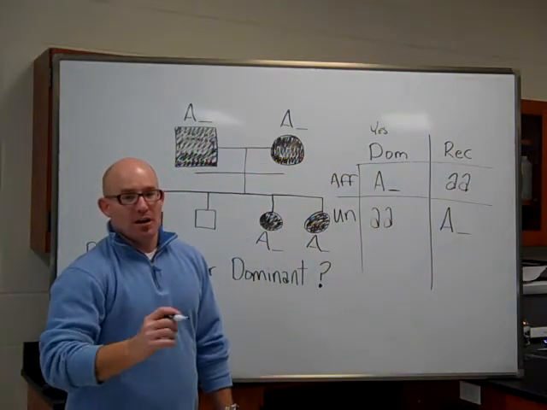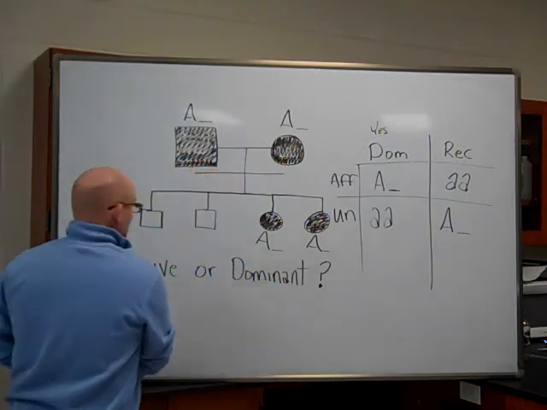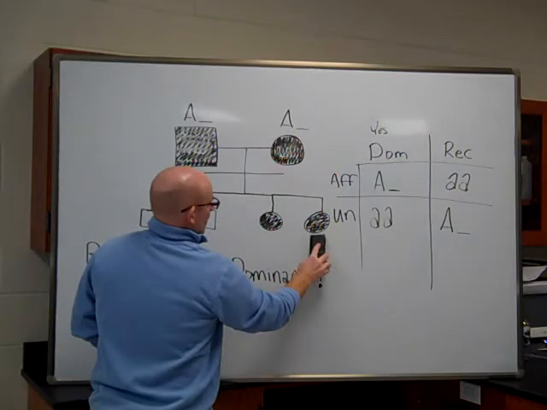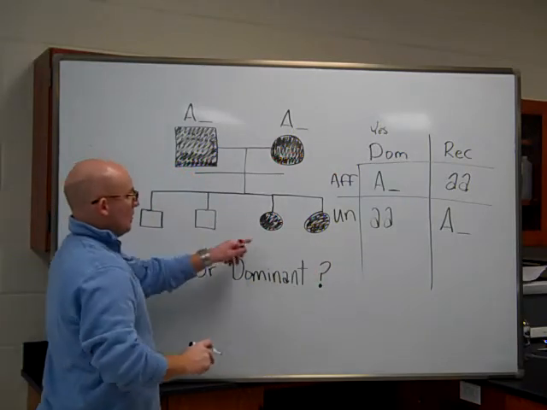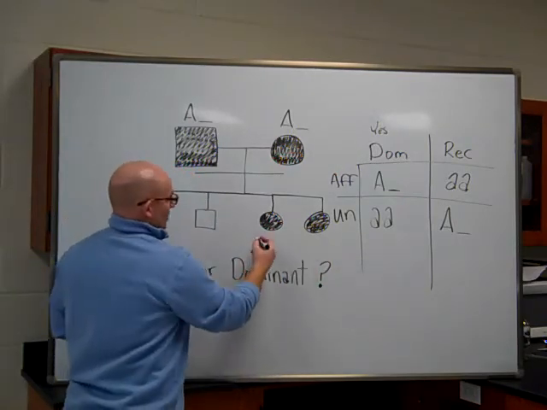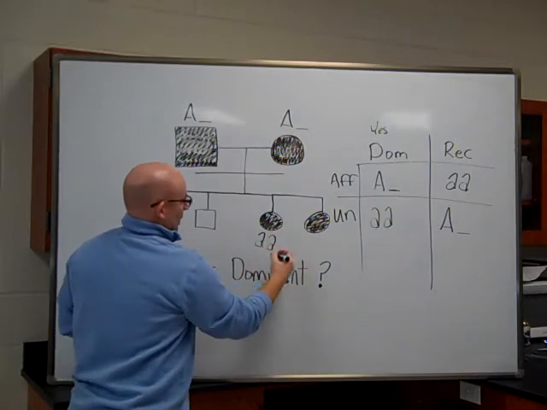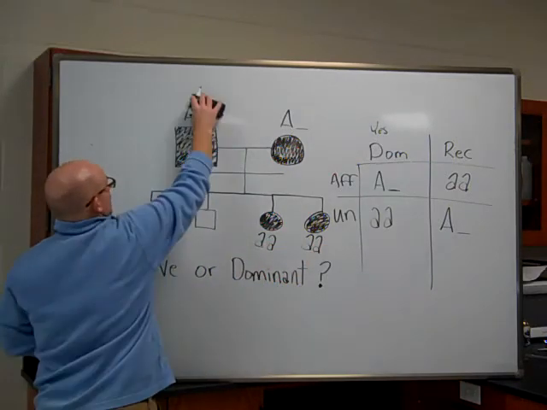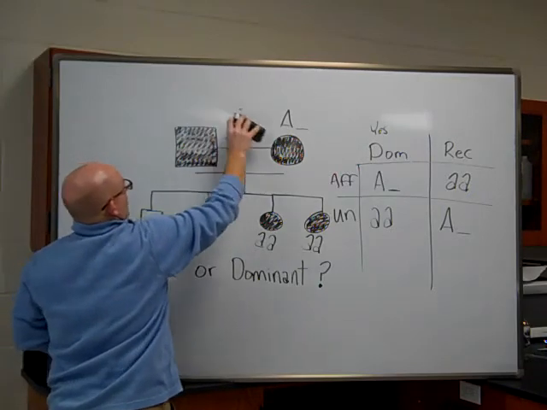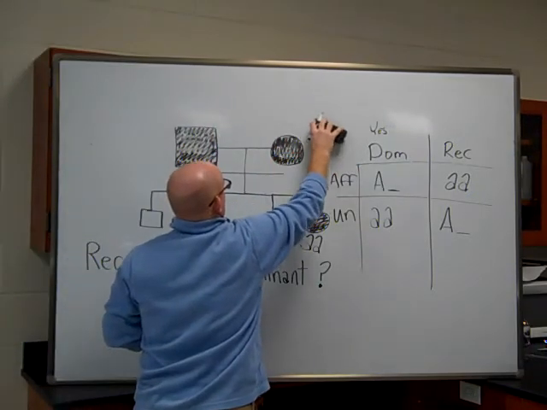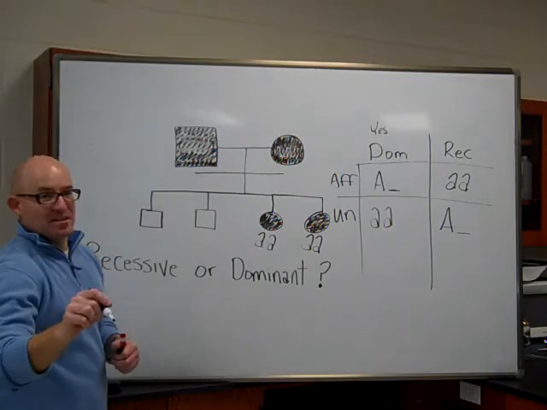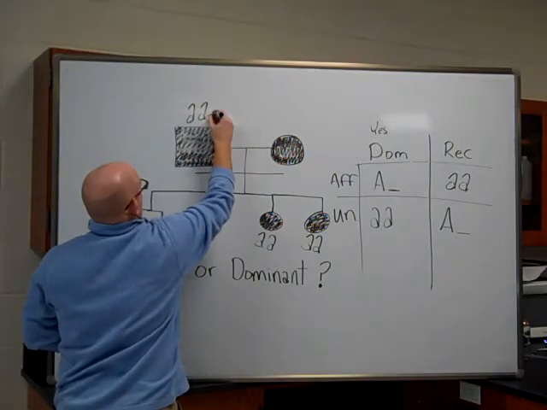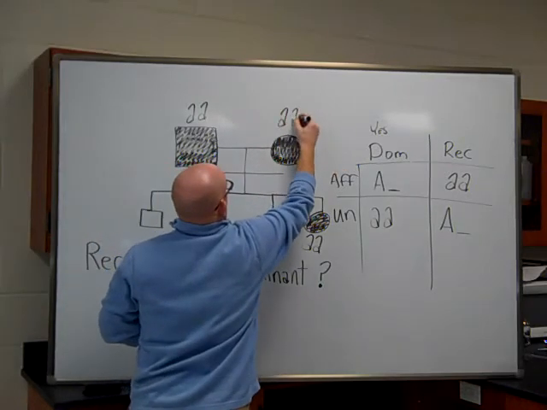So we're going to look at this and put in the genotypes of the people that we know. If it's a recessive disorder and these two offspring are affected, they would have to both be little a, little a. If the parents are both affected and it's a recessive disorder, they would both also have to be little a, little a.